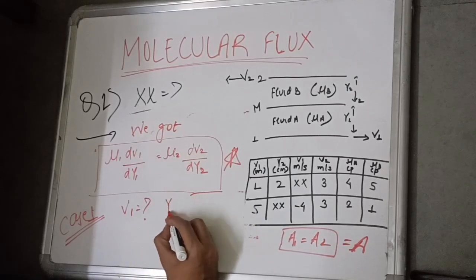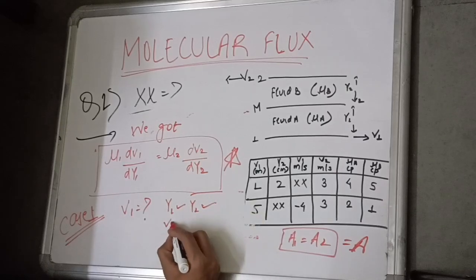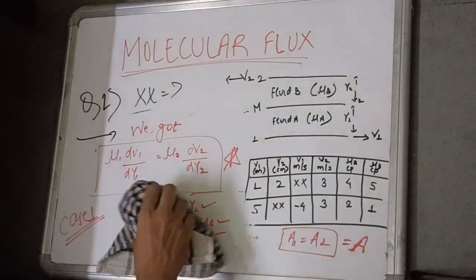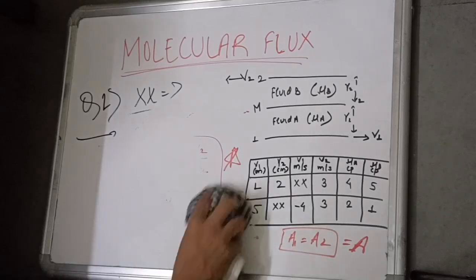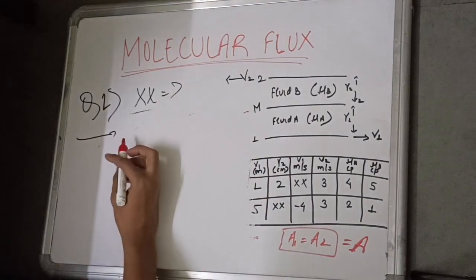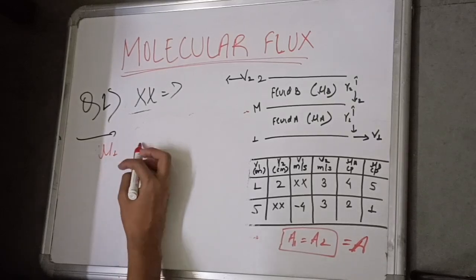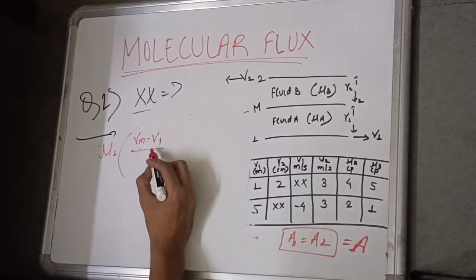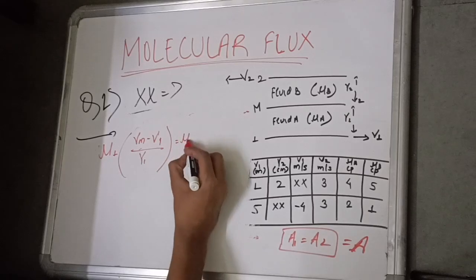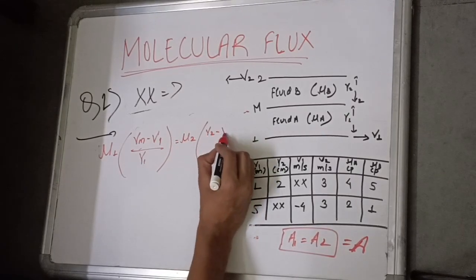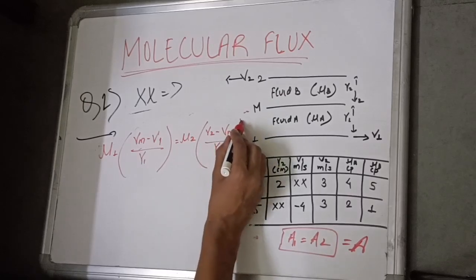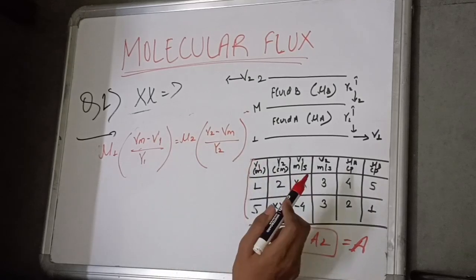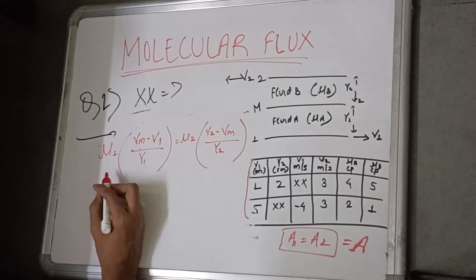We have y1, y2, V2, mu A and mu B. The previous equation we can write in the form of mu1 times velocity of middle plate minus velocity of first plate upon the distance between them y1, equals mu2 times velocity of upper plate minus velocity of middle plate upon the distance between them y2. We just substitute these values in this equation to get the unknown variable. We have mu1, it's 4.